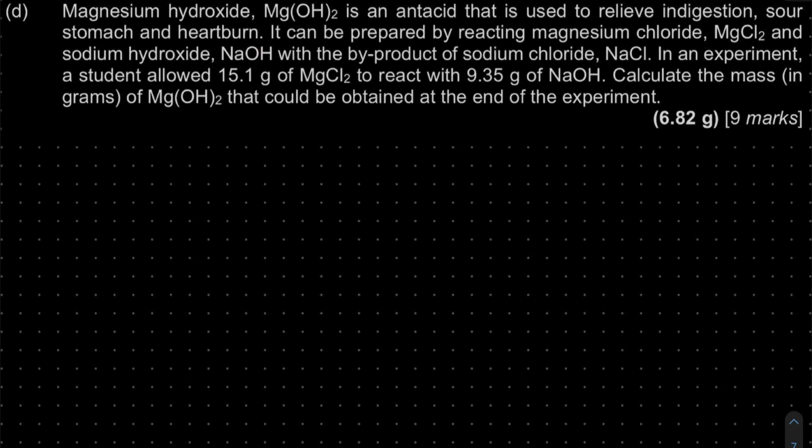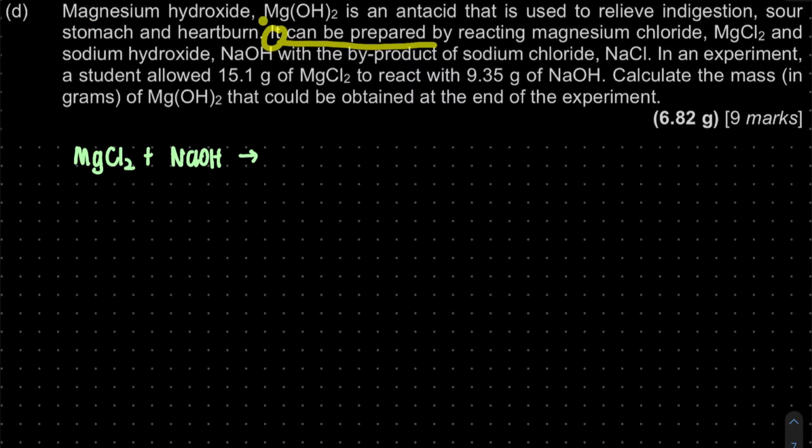Okay, here it mentioned that the MgOH2 can be prepared by reacting MgCl2 and sodium hydroxide. So MgCl2 and sodium hydroxide are actually your reactants. So I'm just going to write down those equations. These two reactions will produce our magnesium hydroxide itself, because here it mentioned it can be prepared.